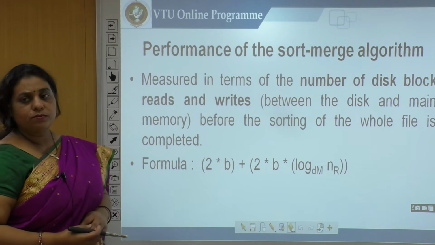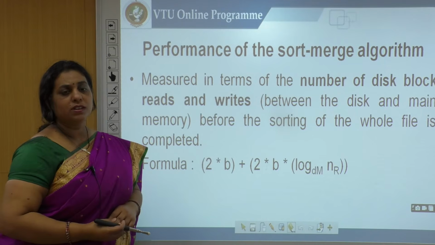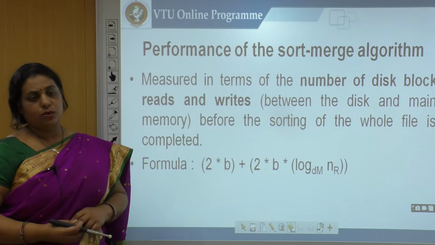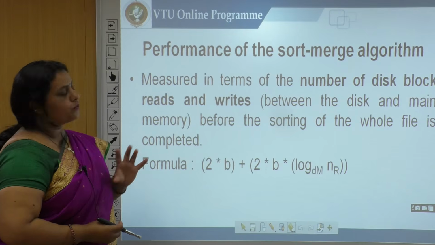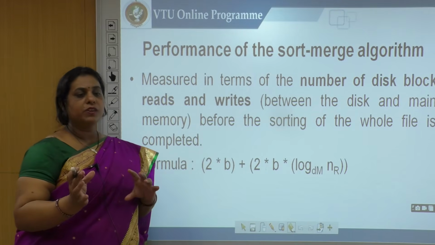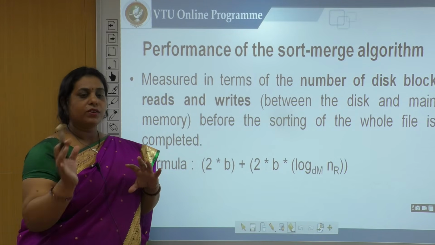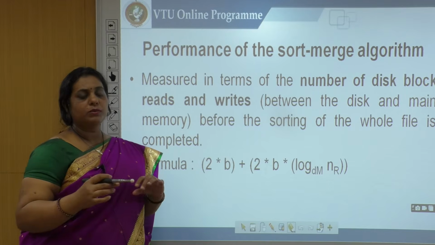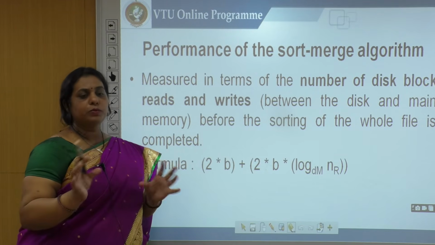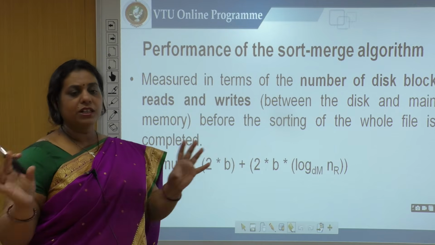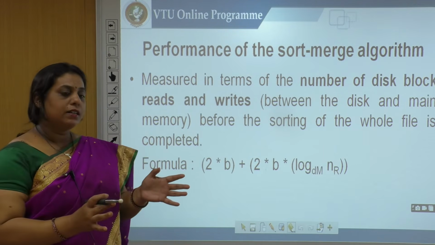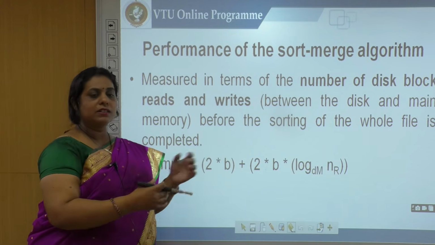Now let us look into the performance with respect to the sort merge algorithm. The performance is measured in terms of how many disk blocks were read or written. When I am working with the sorting or merging, how many times I moved between reading and writing from the secondary memory to the main memory, because my DBMS file was in the disk.